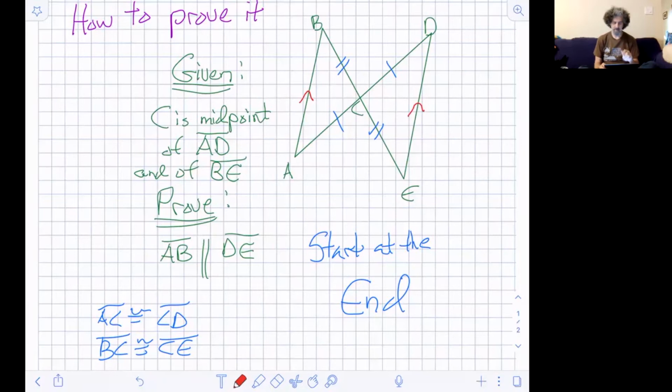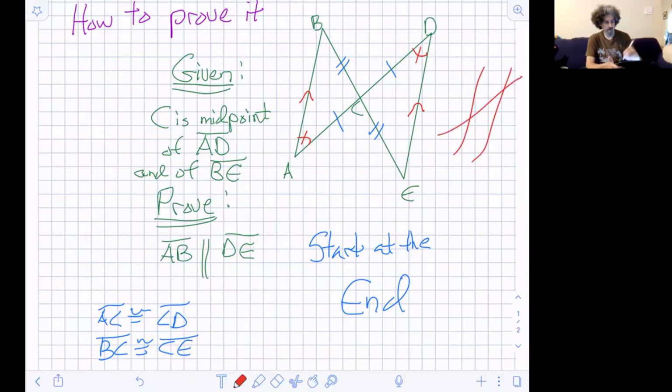There, the lines are parallel. Now, how do you prove lines are parallel? Well, thinking back to what you know about parallel lines, you're probably going to be looking for a pair of congruent angles, corresponding angles, alternate interior, and oh ho, if you look at it and think about it, those are alternate interior angles, the ones I marked in red. There's the pair of parallel lines.